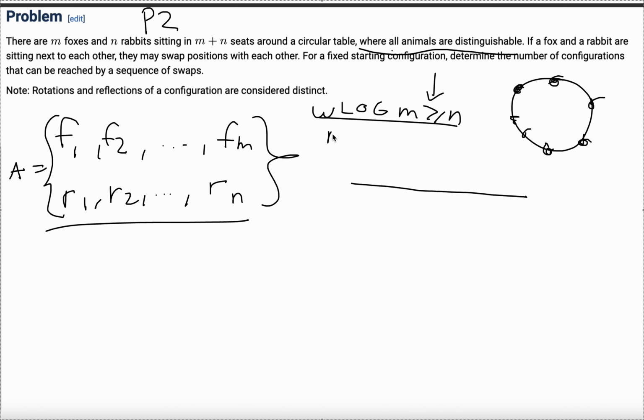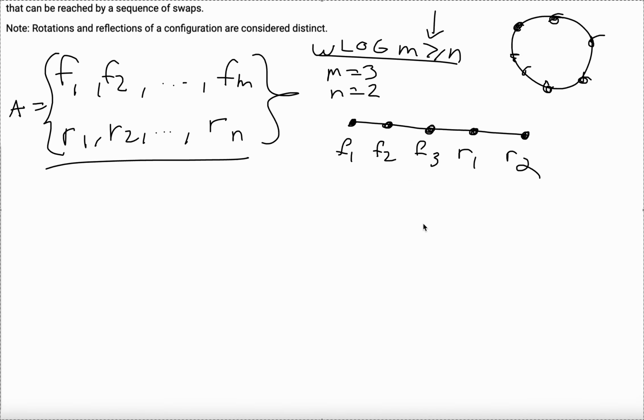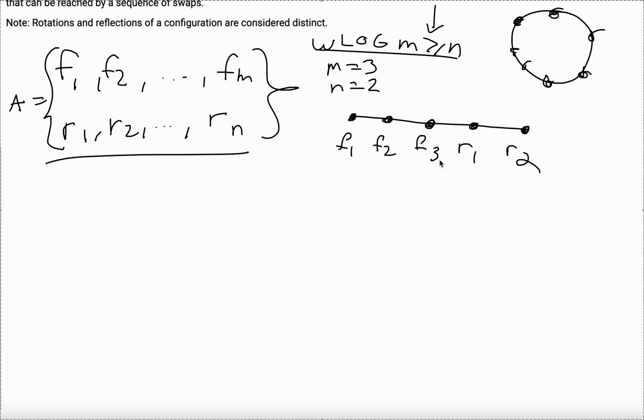And so let's just say there's 3 foxes and 2 rabbits. And so we're going to have 5 dots: 1, 2, 3, 4, 5. And let's just say, for argument's sake, that they're all in left to right order, like F1, F2, F3, R1, R2. So these are all our animals. And by making swaps, let's see what configurations we can get.